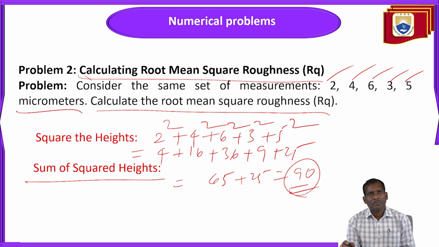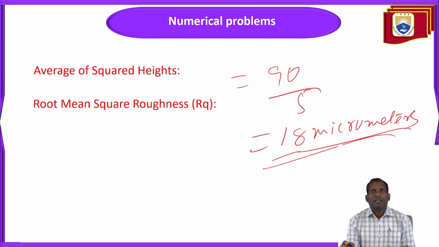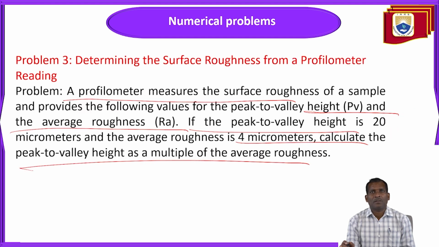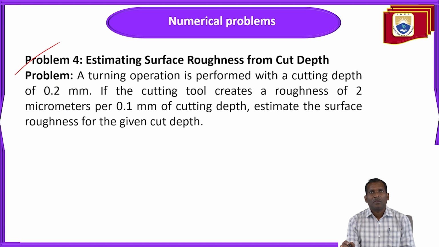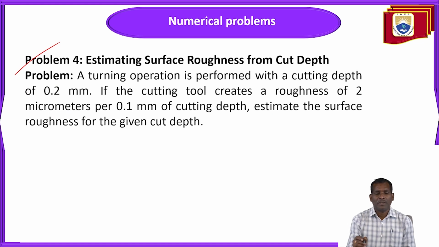The second is to calculate the root mean square whenever a set of measurements is given, the average of squared heights and root mean square. Next, the surface roughness can be calculated from a profilometer reading, which you have seen. Now, estimating the surface roughness from a cut depth.